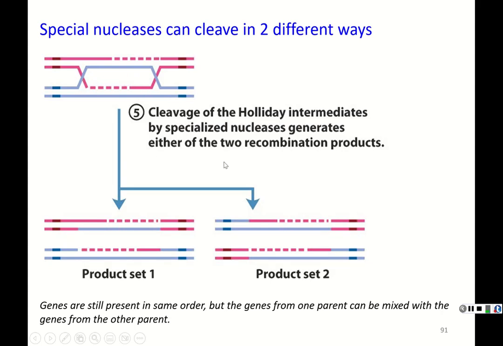Not going to need to know exactly how they can be cleaved in this class, but depending on how they are cleaved, you can get different combinations. Genes here are still present in the same order, but genes from one parent can be mixed with the genes from another parent. So this, as you can see, is a way that more genetic diversity can occur.